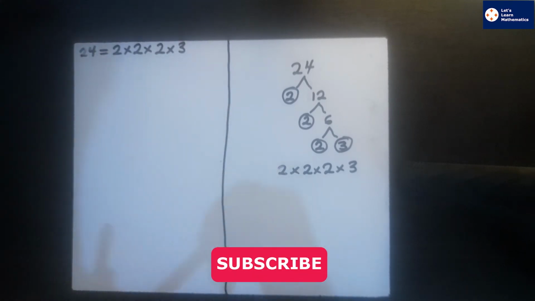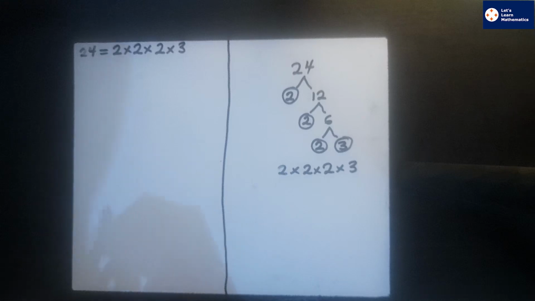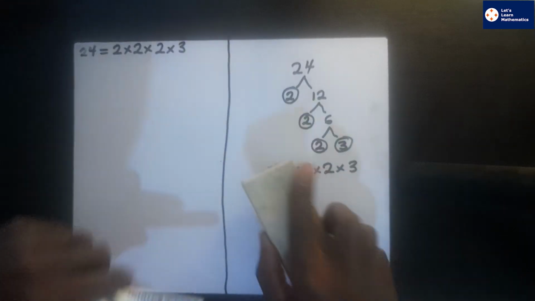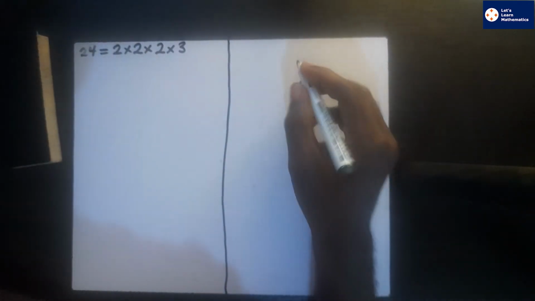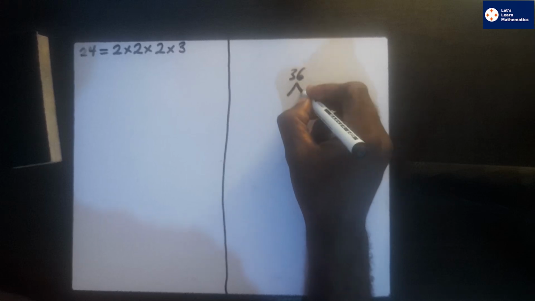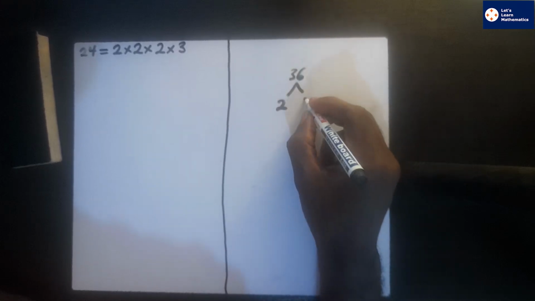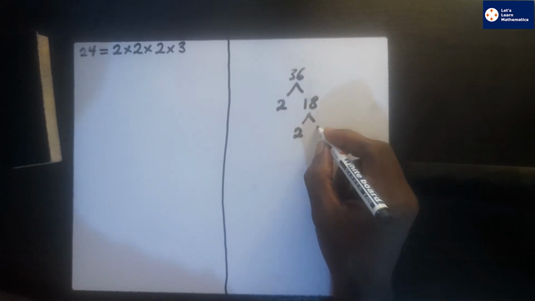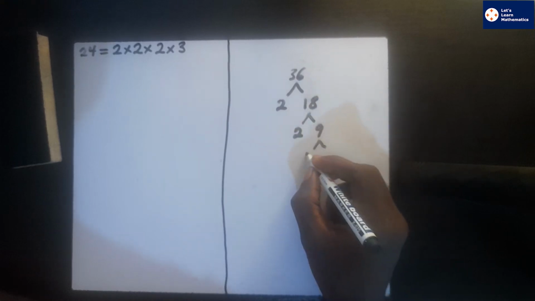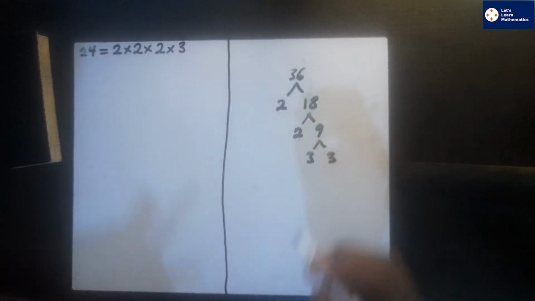Now let's look at the 36. Same way, 36 is 2 times 18. Then we have 2 times 9. And this is 3 times 3.